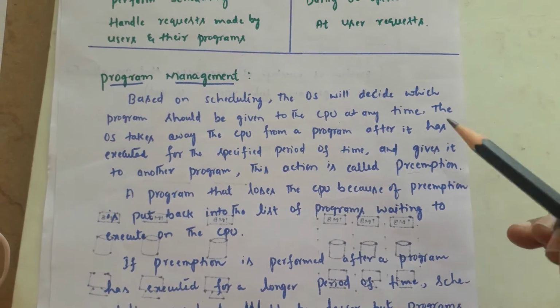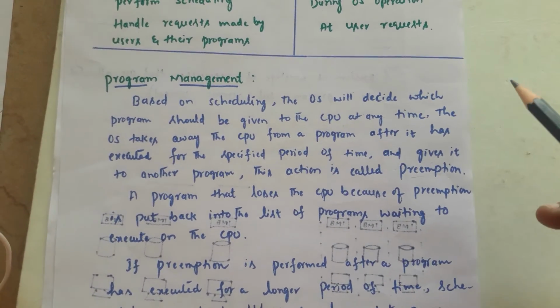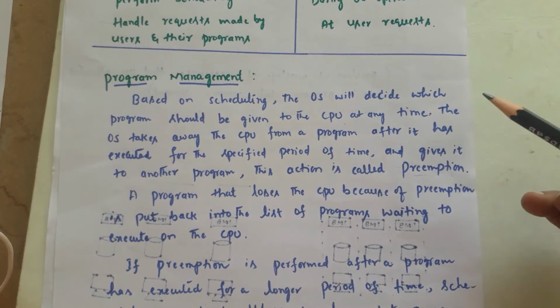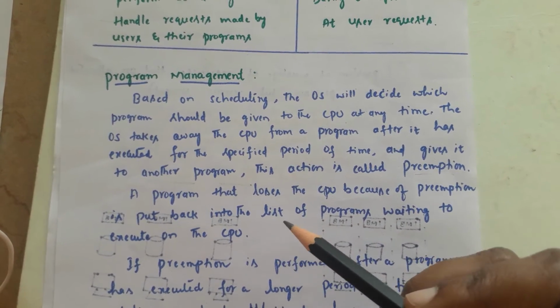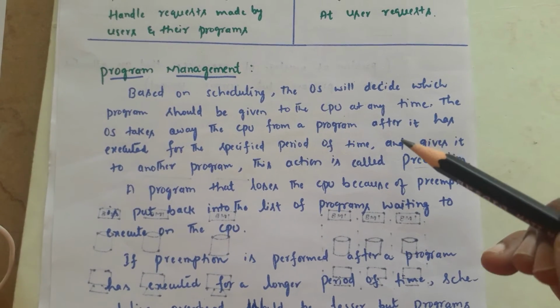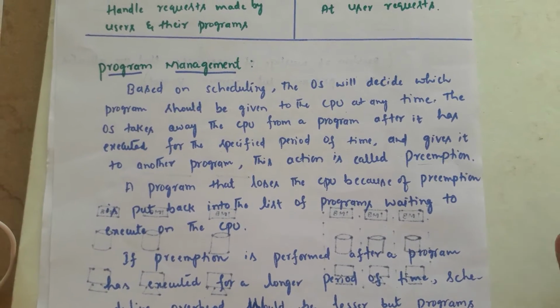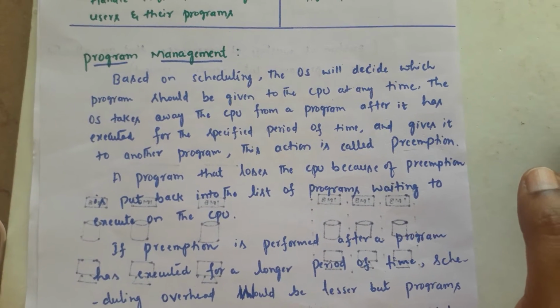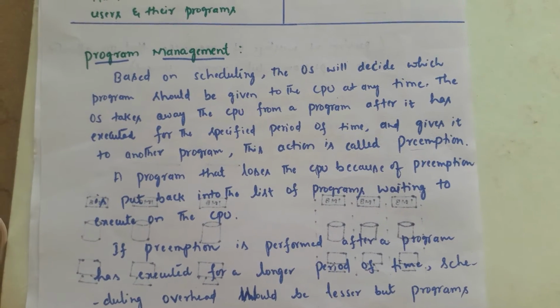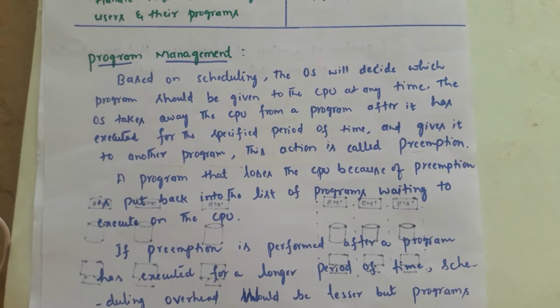The OS decides which program will be given the CPU and for how long. Once that program is using the CPU, the OS may take it back. The program can complete its execution, or it may be in the middle of execution. If the OS wants, it can take back that program and put it in the list again.